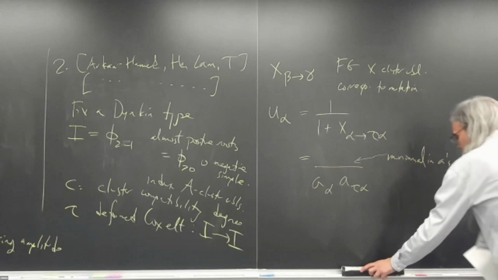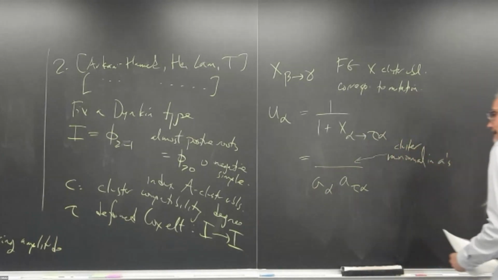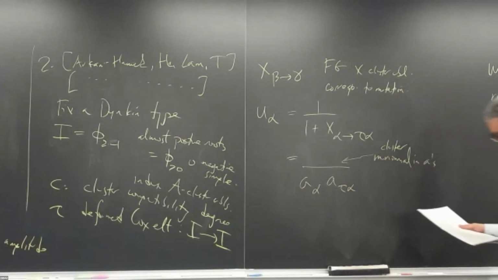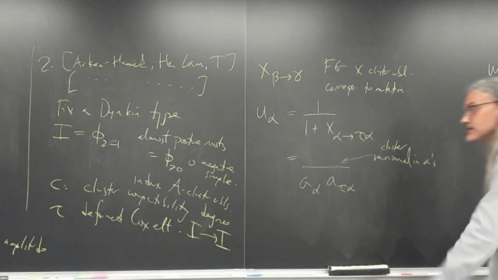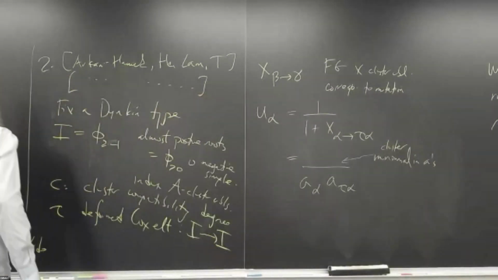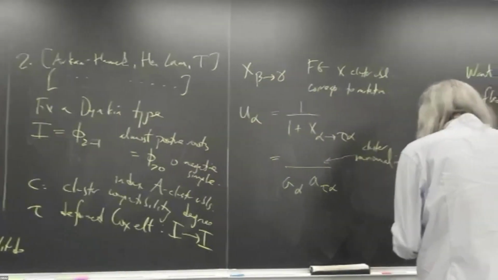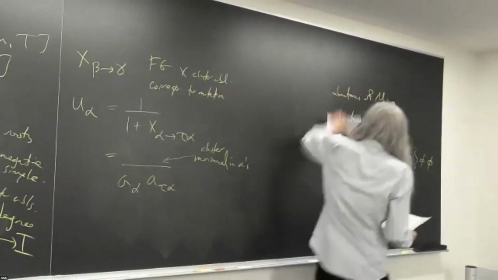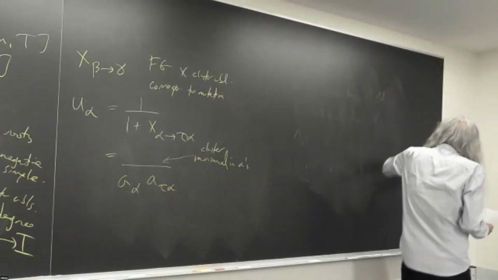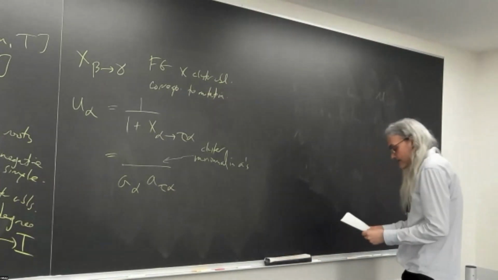It's a cluster monomial. Right, and so this generalizes the solutions. Now, I want to make a couple of general comments about nice things that are going on in both of these settings.